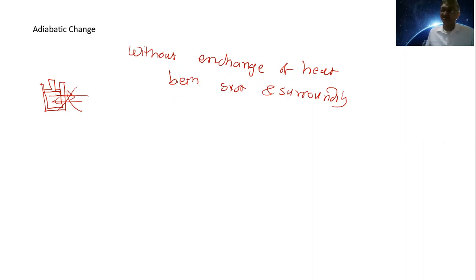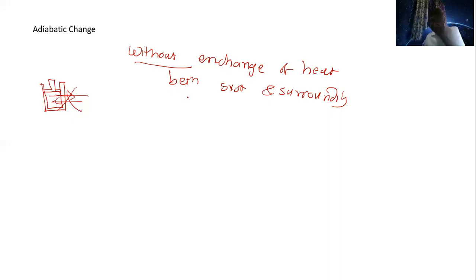The change in the state of the system which takes place without exchange of heat between the system and the surrounding is called the adiabatic change. Then what condition can we write for adiabatic change?